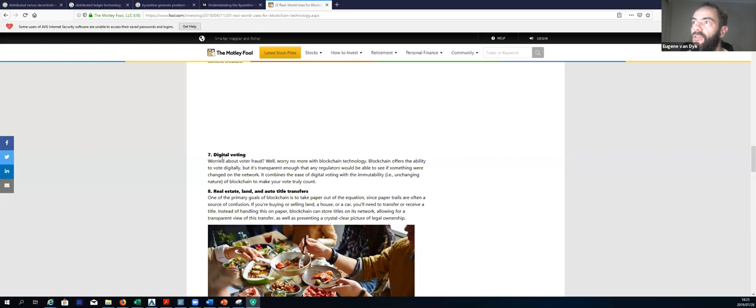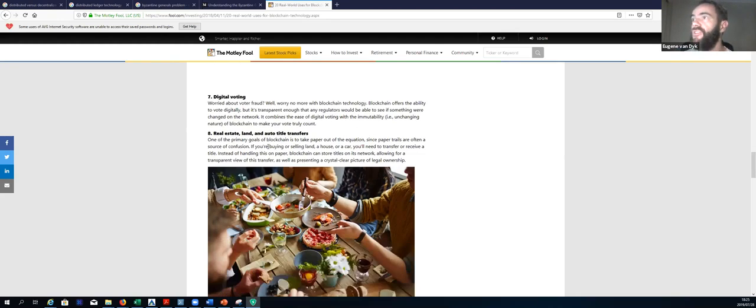So digital voting is one of the best use cases for blockchain technology because nothing can tamper with the results and with the things that are stored in this distributed ledger. Right, so nobody can cheat when it comes to elections. Real estate, land, and auto title transfers.